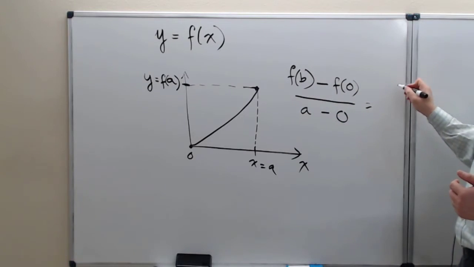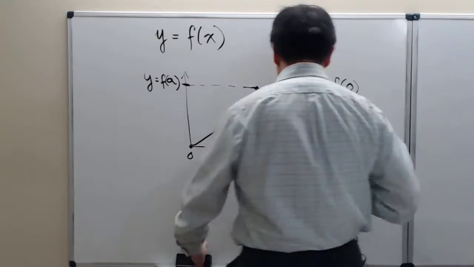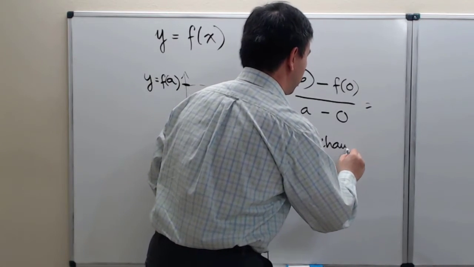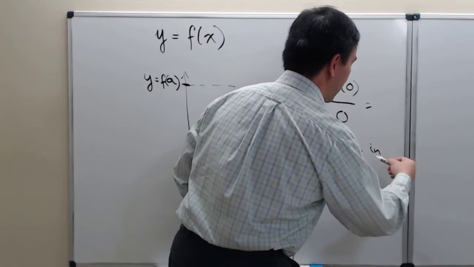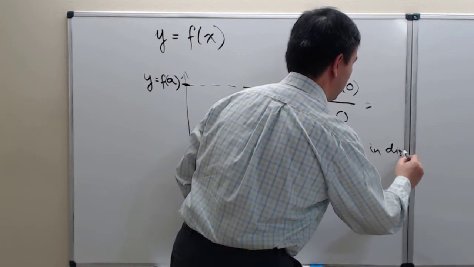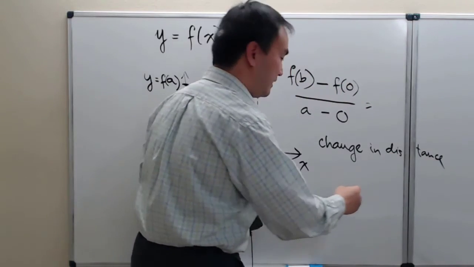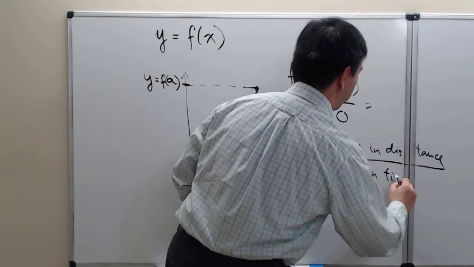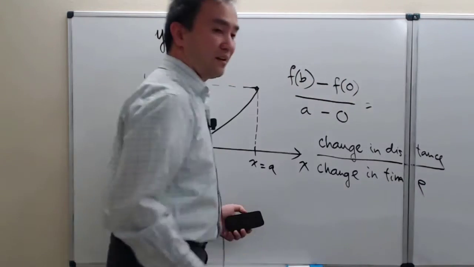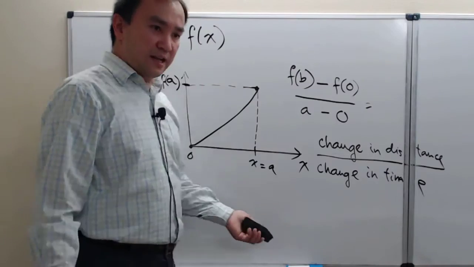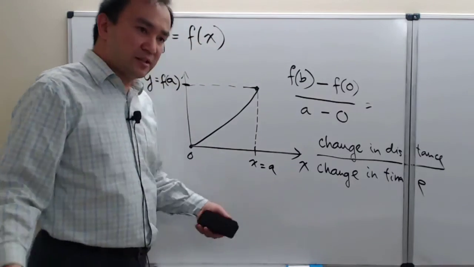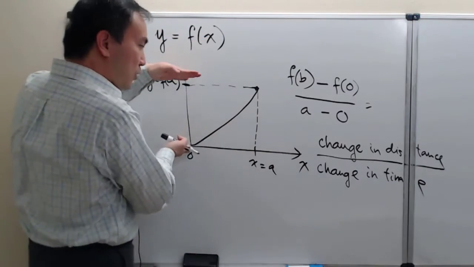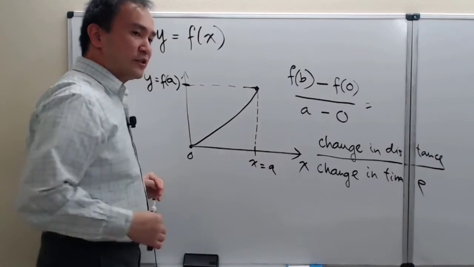So further, in a more advanced mathematical understanding, this is the change in position, your distance, that you've made over the change in time. And that is that speed concept that we've been looking at since second grade, third grade. But now mathematically, it's just how much change in the vertical coordinate over how much change in the horizontal coordinate.